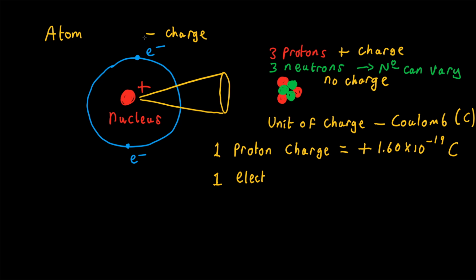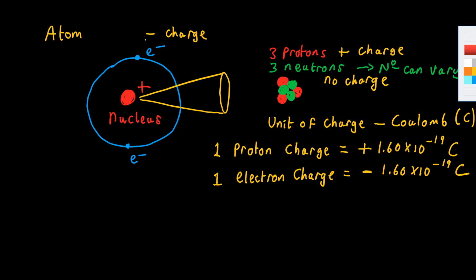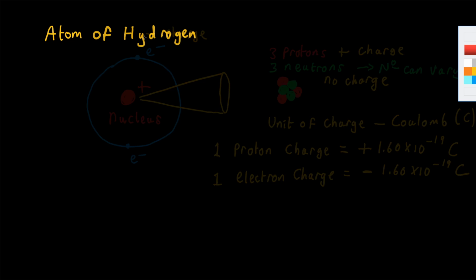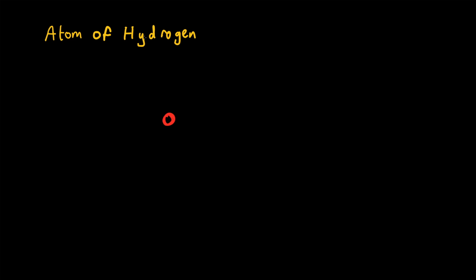And a single electron has the exact opposite charge of negative 1.60 times 10 to the minus 19 coulombs.